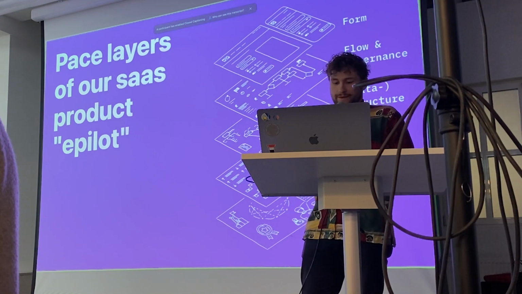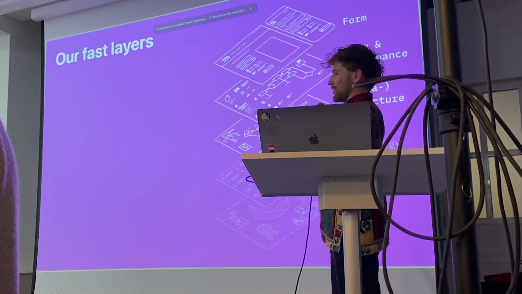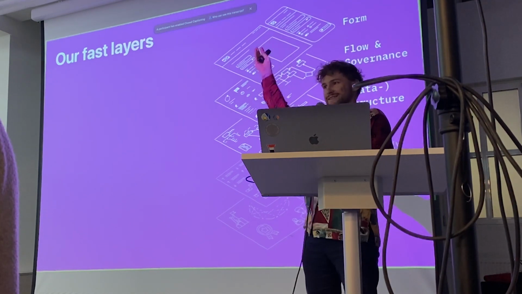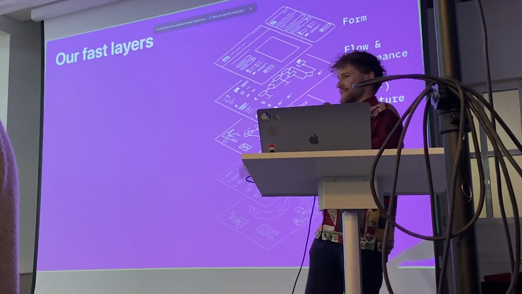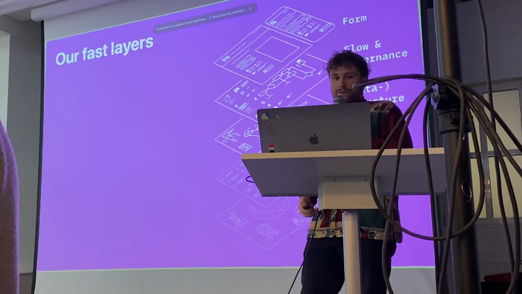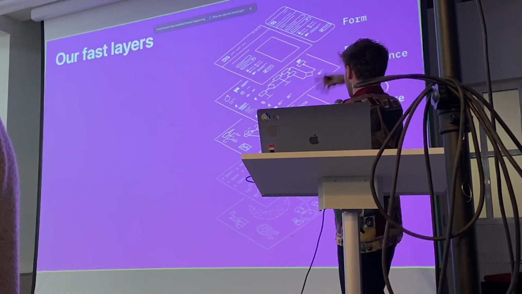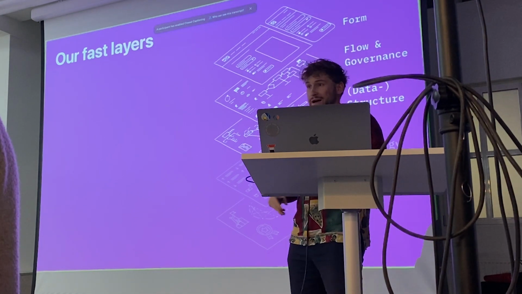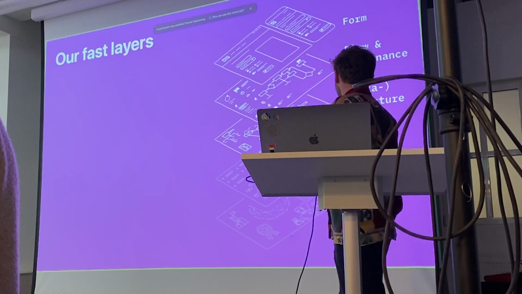Yeah, so that is why Brand, the architect, also analyzed that we have fast layers and slow layers. On the fast layers, we have, as I said before, the form layer, and the flow and governance layer, where we see the user flows through our app, how users actually perform their daily jobs in our software.